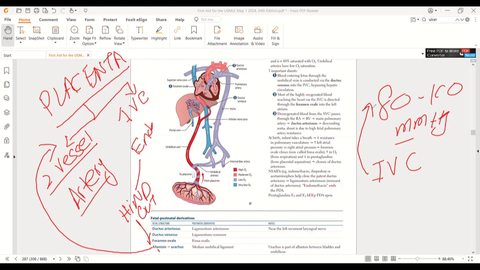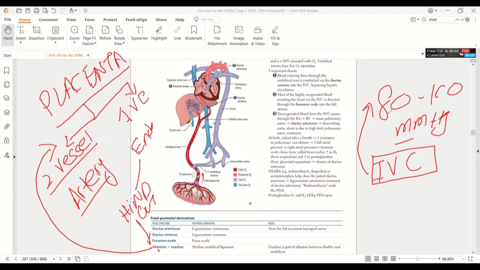Yes, because it came from a highly oxygenated origin. Exactly. We will discuss the origin of the inferior vena cava as well, because this is again high yield stuff.